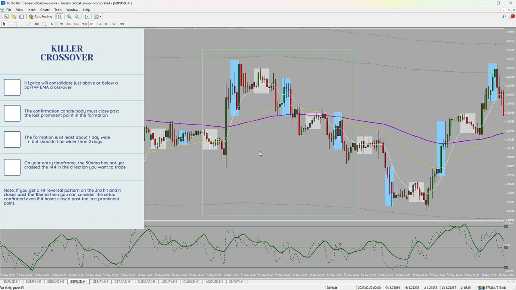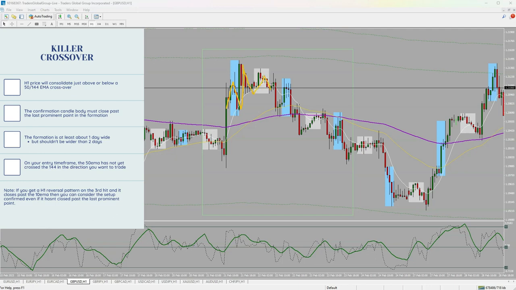And the second rule is that a confirmation candle body needs to close past the last prominent point in the formation. In this situation here, the last prominent point is at the bottom of this candle body right here. You don't worry about the wicks, just pay attention to the candle bodies. The reason I know it's the last prominent point is because the market is just chopping.